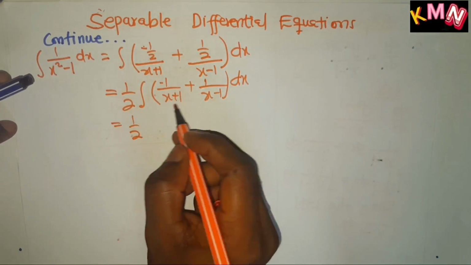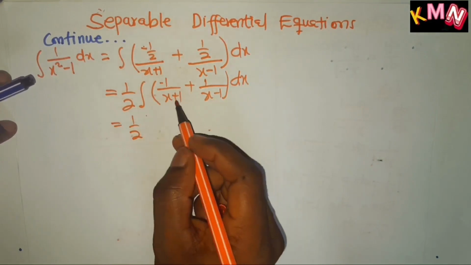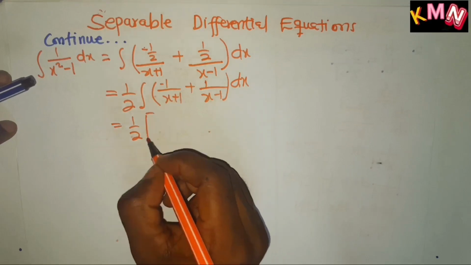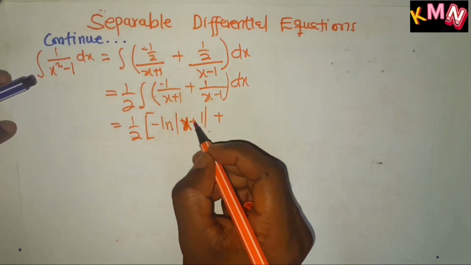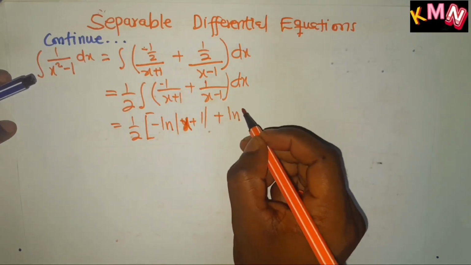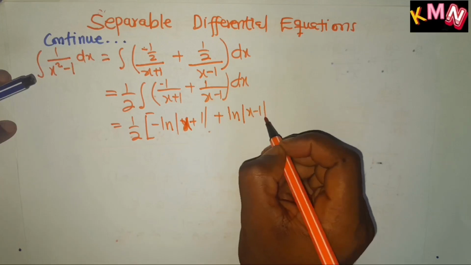Now we know the integral of this will give us, because of what we have here, when you use the u substitution, we are going to get negative ln of x plus 1 plus ln of x minus 1.